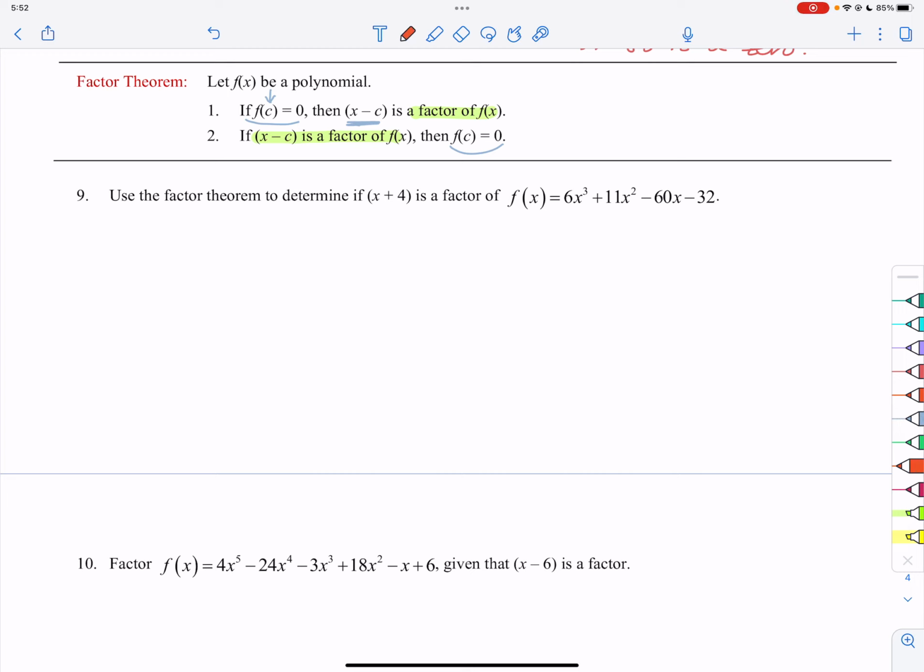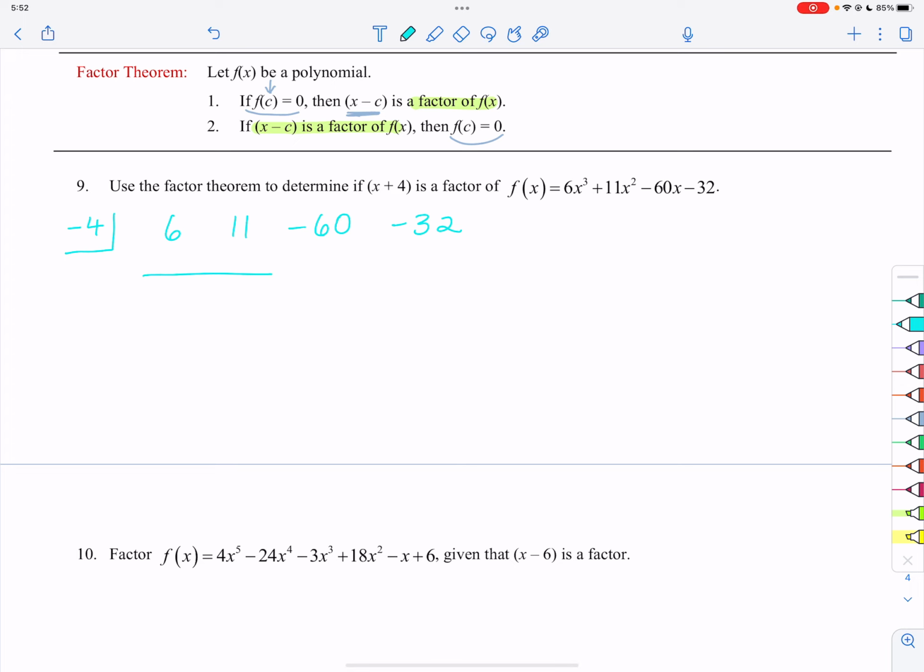We're going to put negative 4 in the box, and we'll go ahead and write our coefficients. We have a 6, 11, negative 60, and negative 32. We'll drop that 6 and do our synthetic division. And sure enough, we have no remainder, a remainder of 0.